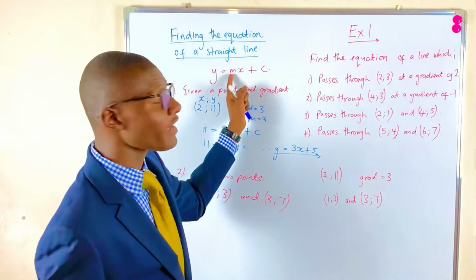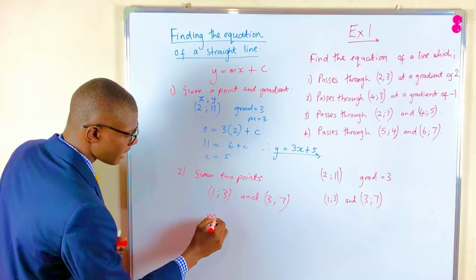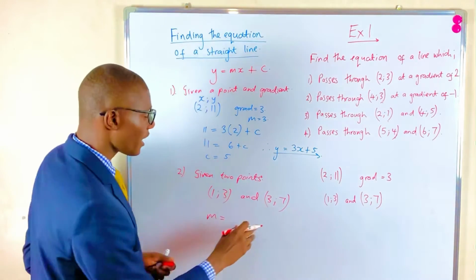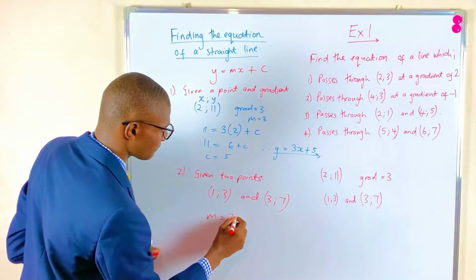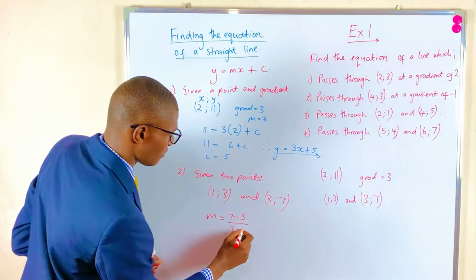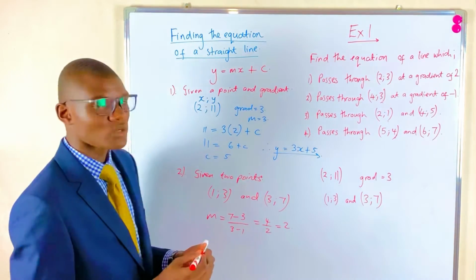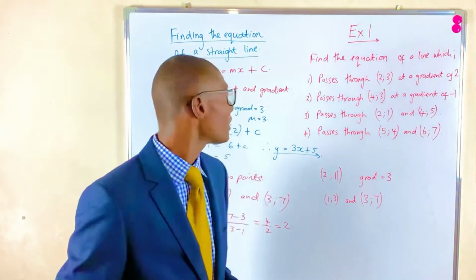So we need to have m being the gradient. First of all, calculating the gradient here, m will be the change in y, which is 7 minus 3, over the change in x, which is 3 minus 1. And we get 4 over 2, which is 2. So now we have a gradient.